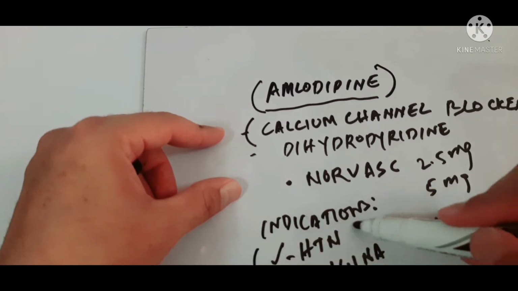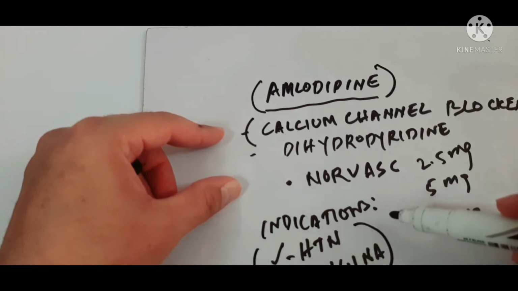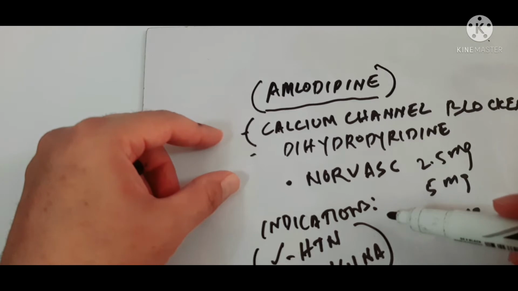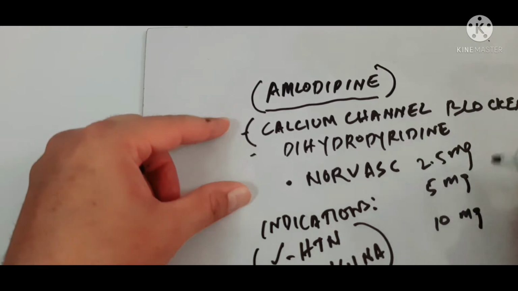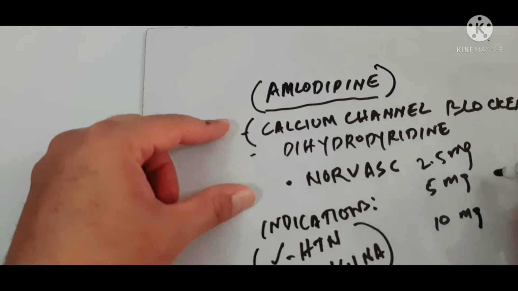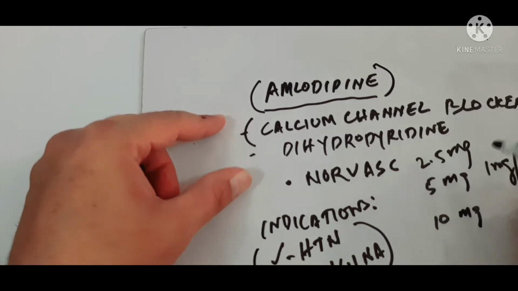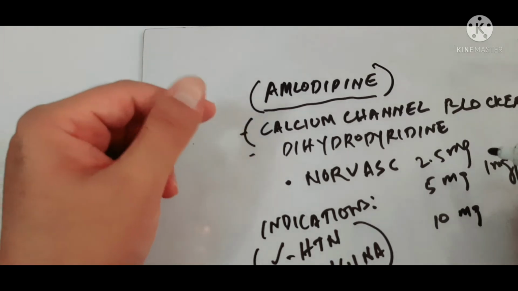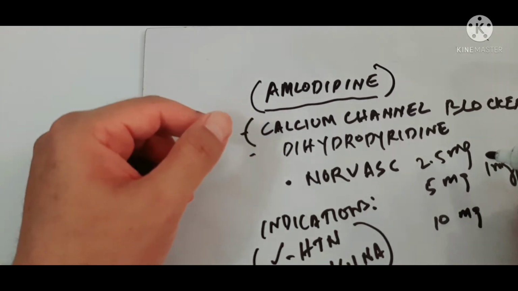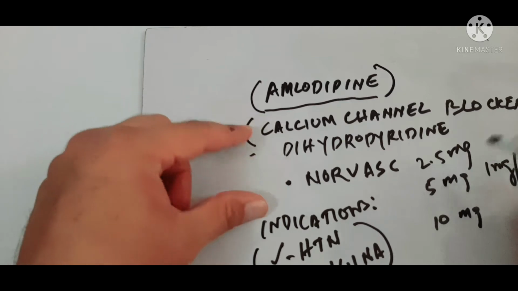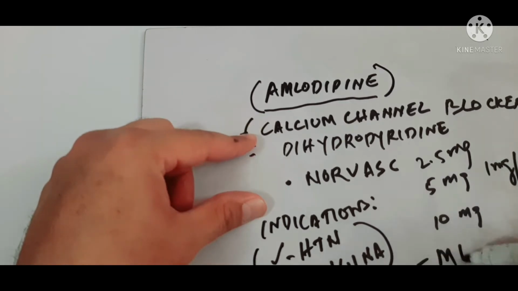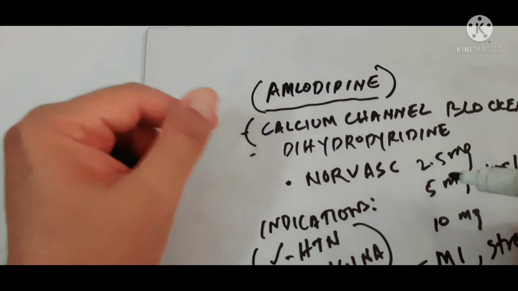It is also available in oral suspension form at a strength of 1 milligram per ml. This medication decreases the blood pressure and decreases the risk of fatal and non-fatal cardiovascular events like heart attack, myocardial infarction, or stroke, which can be prevented by the use of amlodipine.